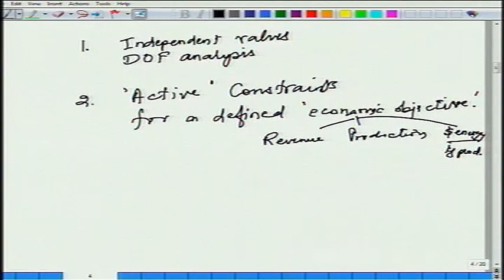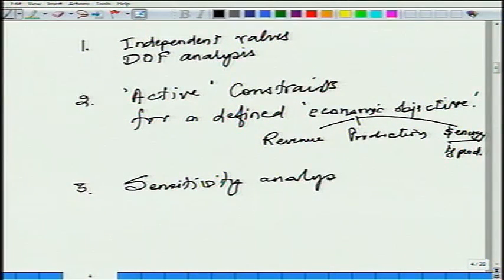So, you get those active constraints. Once you have gotten those active constraints, do a sensitivity analysis, and in that sensitivity analysis figure out which one will give you the dominant constraint.